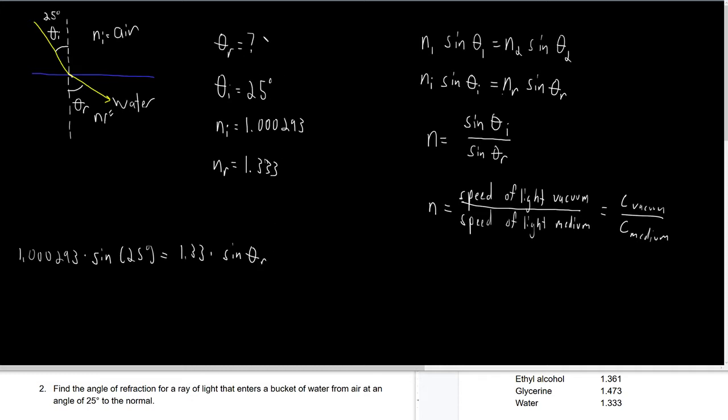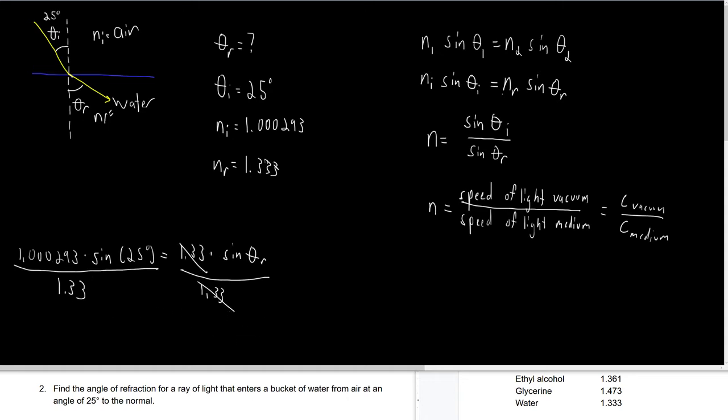So the first thing I'm going to do algebraically, to get the sine of the refracted angle by itself, is divide both sides by 1.33. That cancels out here and moves over there.